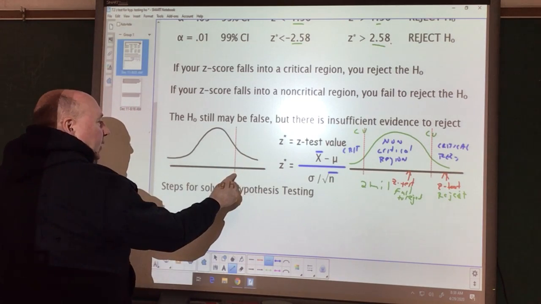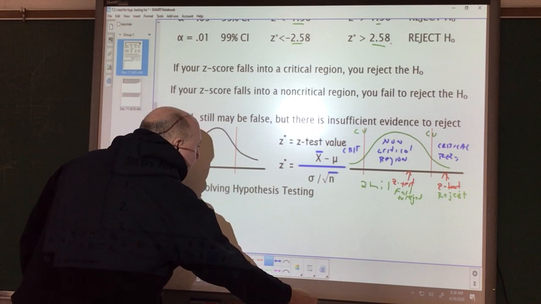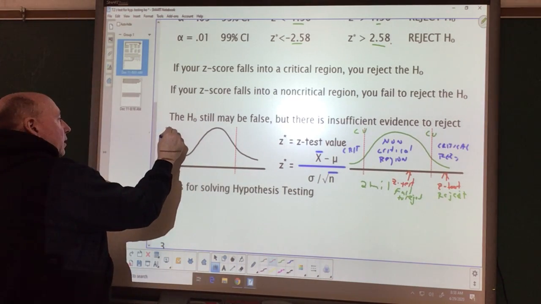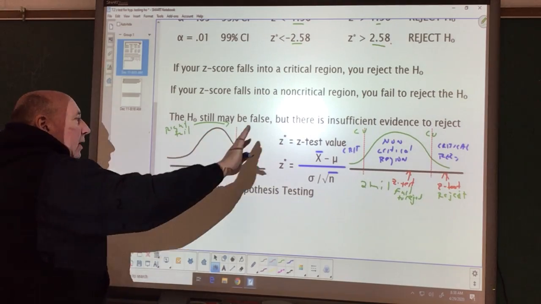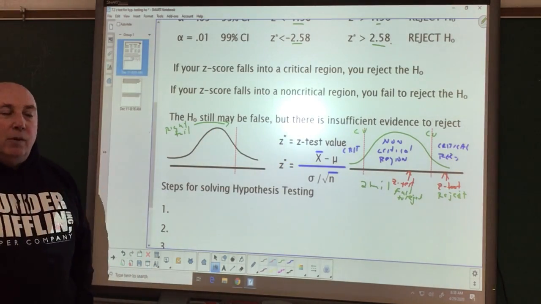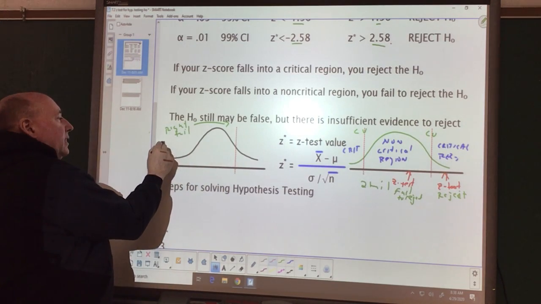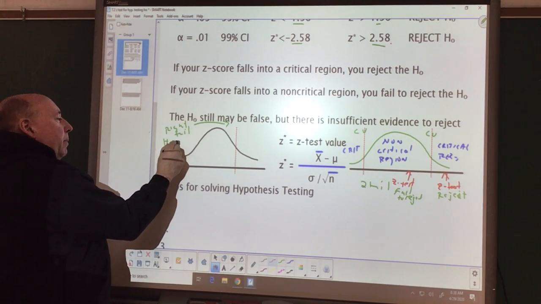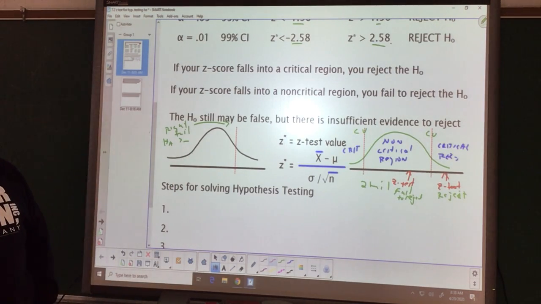What happens with a one-tailed test is we only have one tail. This would be a right tail, because I'm on the right side of the graph. And remember, when I have a right tail test, that means my alternate hypothesis is going to have greater than a value.